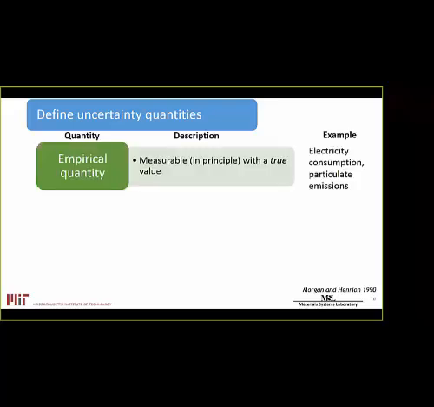They talk about different types of uncertainty quantities. One of them is empirical quantities, which are things that, at least in principle, can be measured and should have a true value, right? So how much electricity is consumed, what our particulate emissions are. In theory, you should be able to measure those, and there is some true value.